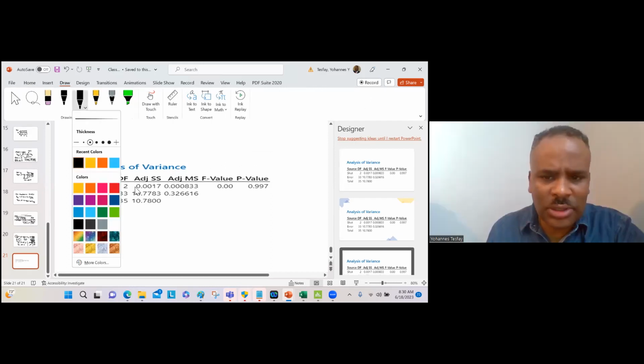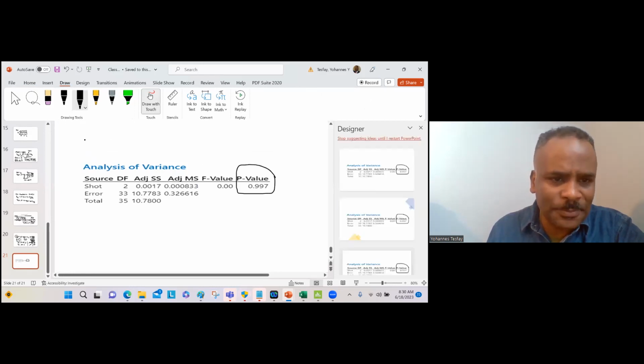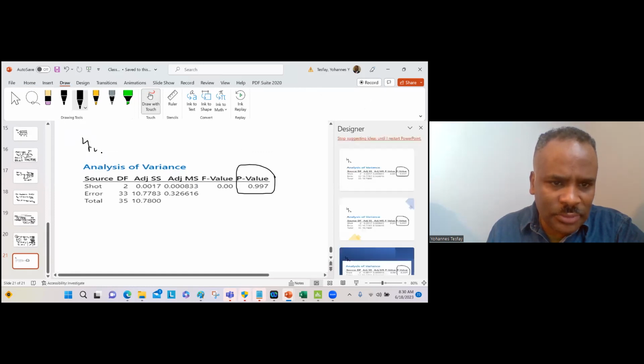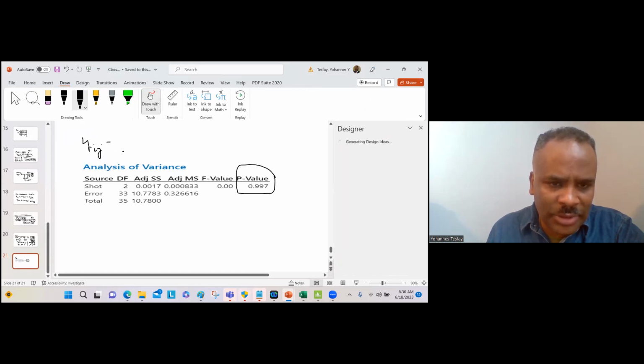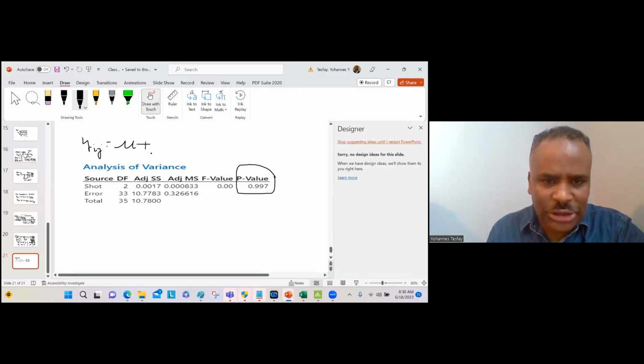Okay, so you see the p value right here. Now, what is my model? Y_ij equals the grand mean plus the effect of shot, plus error_ij.